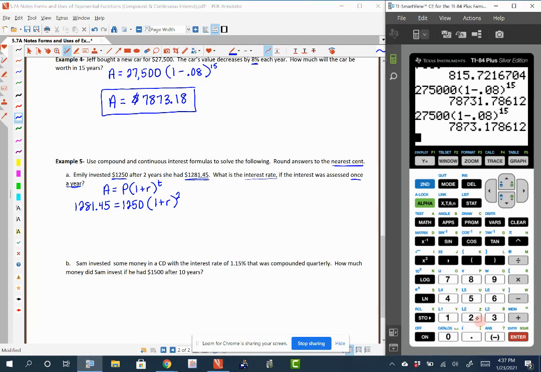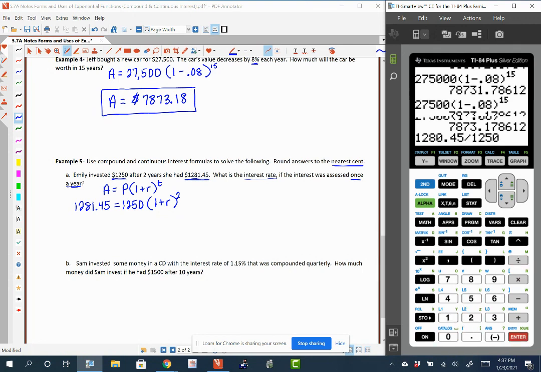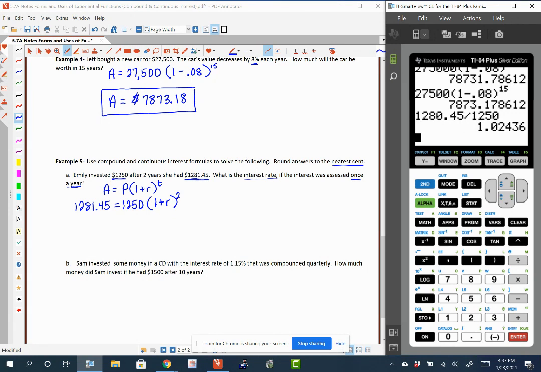So I'm going to use my calculator. 1281.45, I want to divide by 1250. Now I may get quite a few decimal places here, and this is not my final answer, so I would like to use all of them at this point.